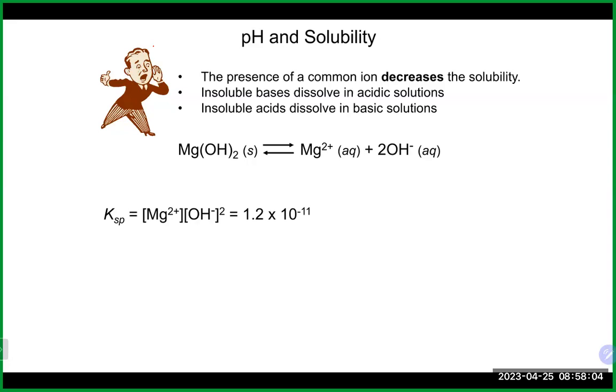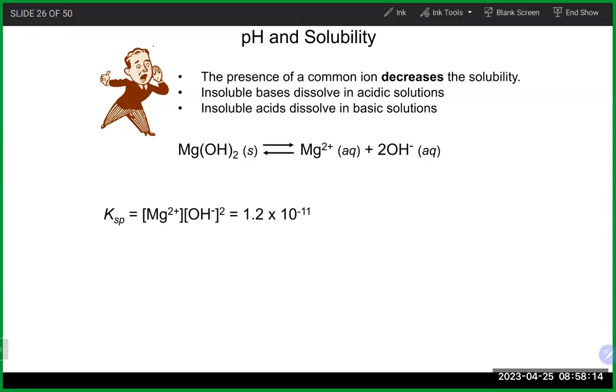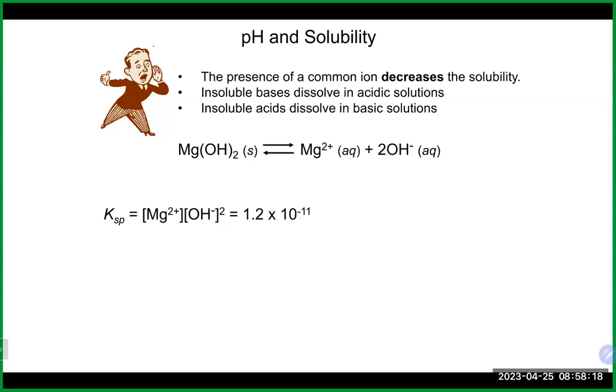We'll take a look at this example, which is an insoluble base, magnesium hydroxide. When it breaks apart there, that is what we get, a magnesium ion and a hydroxide ion. So if we did our KSP for this, our KSP here would be the concentration of magnesium times the concentration of hydroxide.